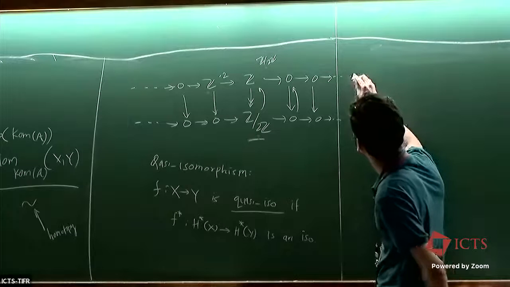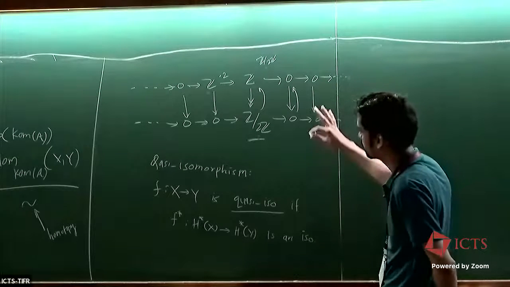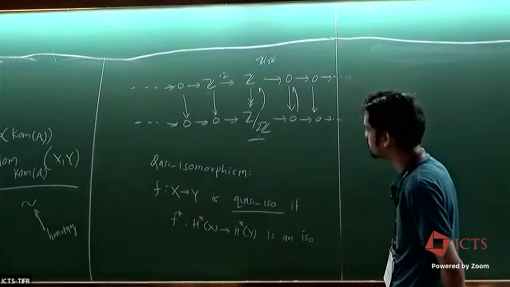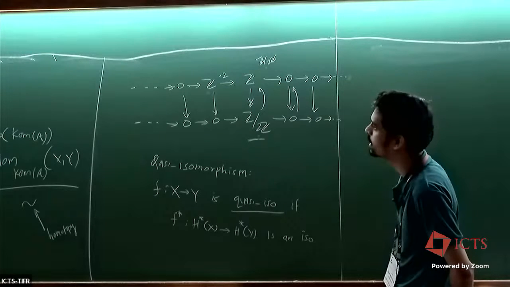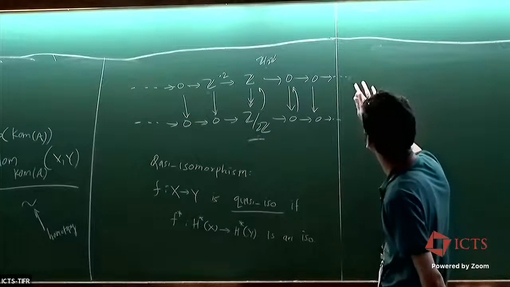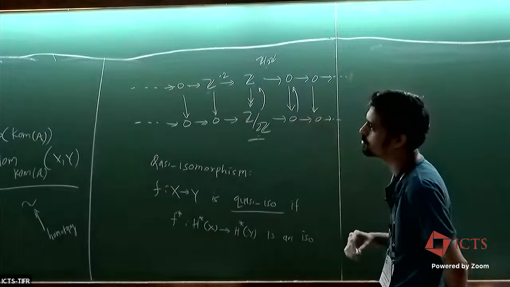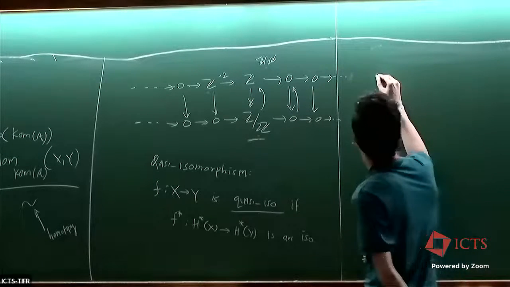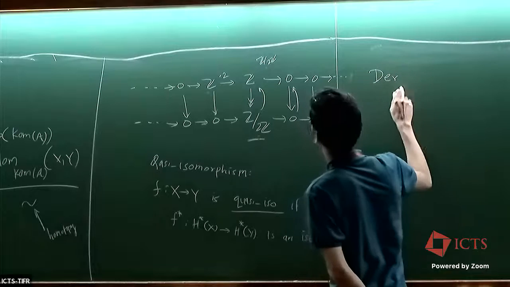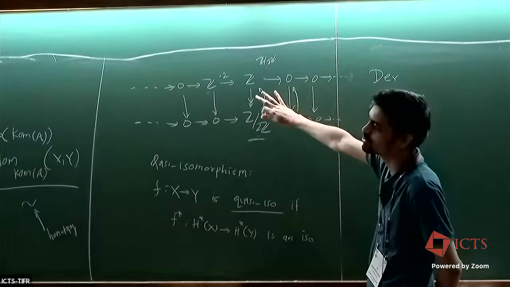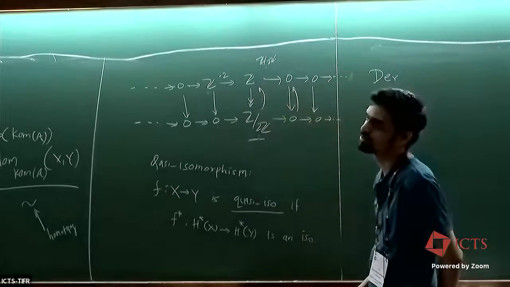After inverting, what we get is called the derived category. Let me first define what the derived category is, and then we'll go to this localization process. The derived category is something in which these quasi-isomorphisms become isomorphisms.